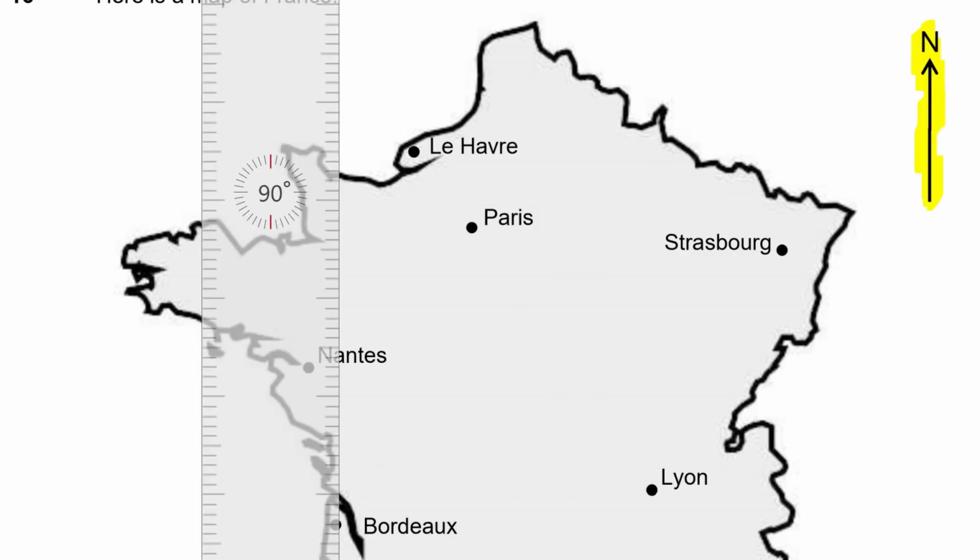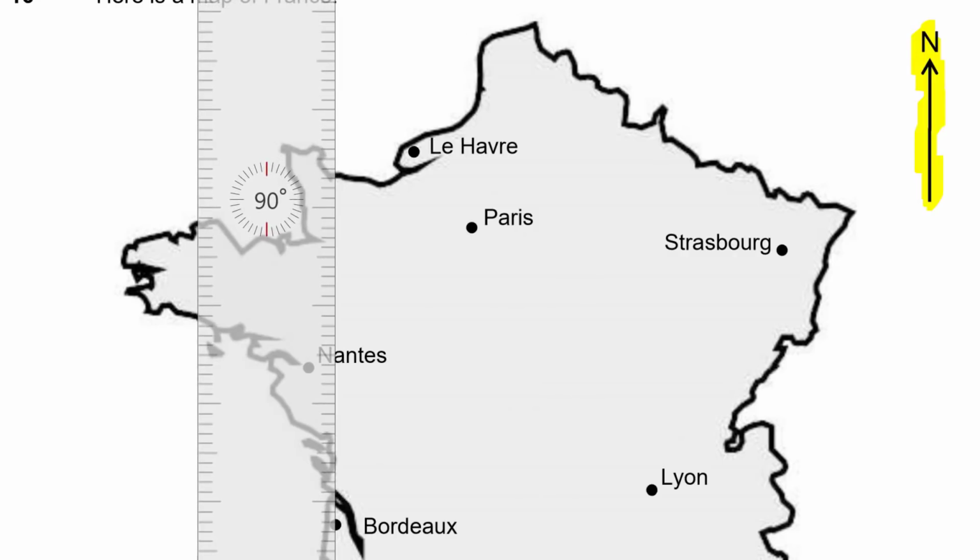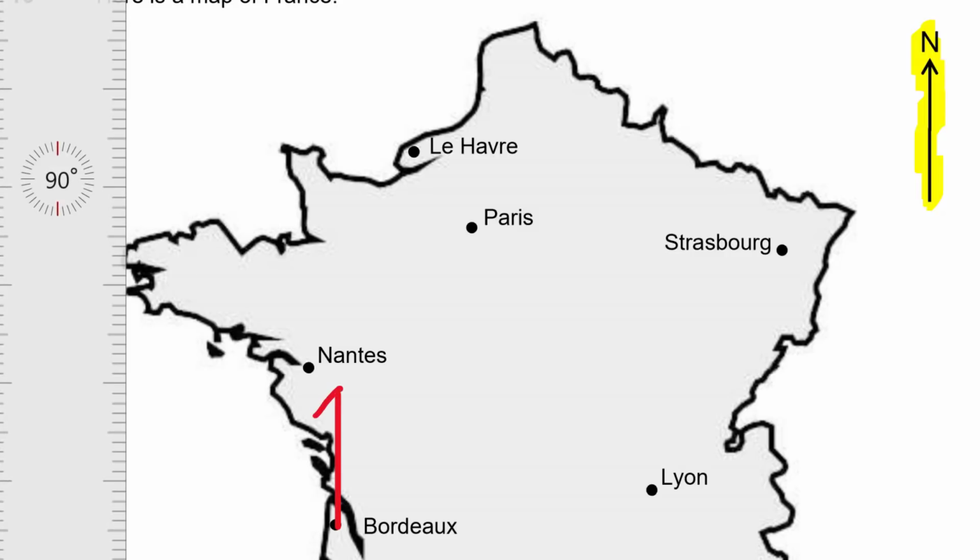So if I want to measure a bearing, I should really start by putting a north line on the point where I want to measure my bearing from. So I want to go directly north from Bordeaux. So drawing an up arrow from there. Okay, so that's my north line.